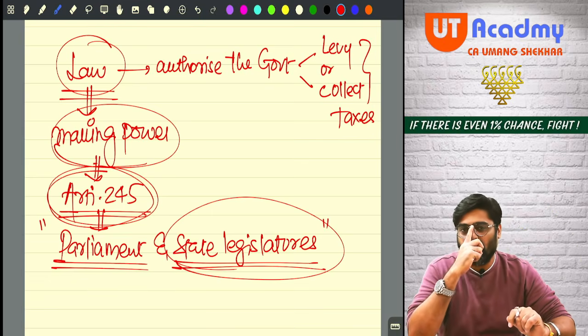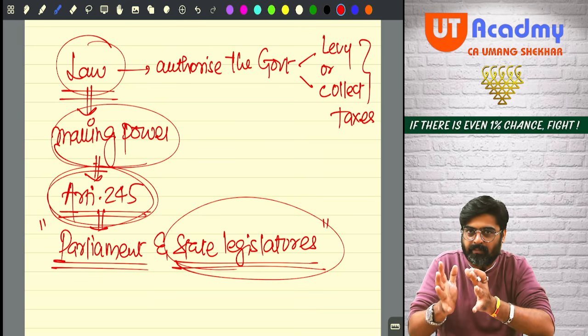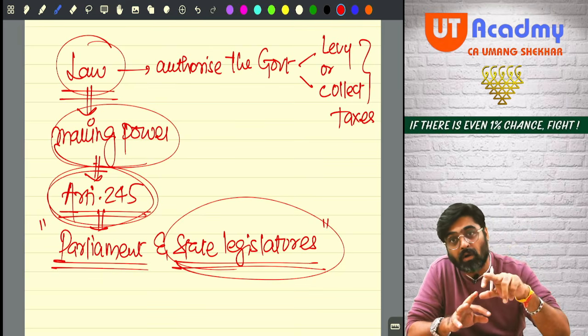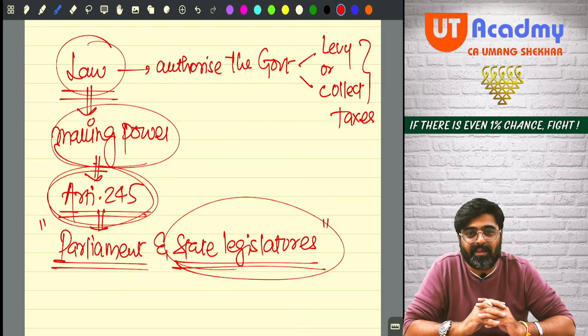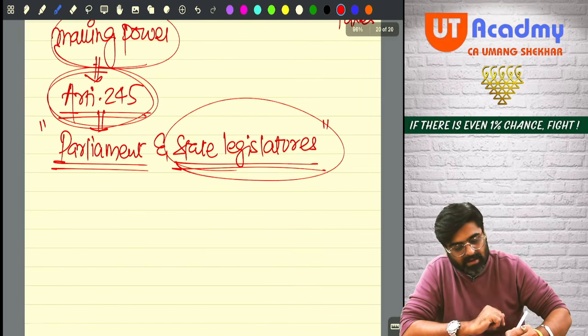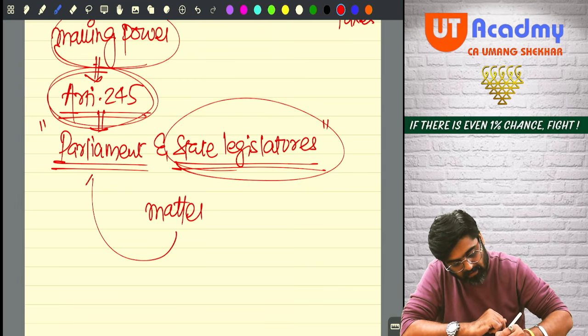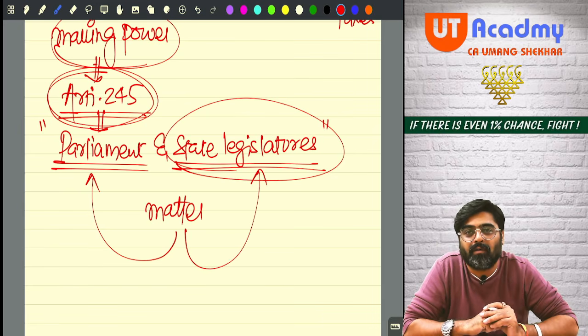Now tell me, if the parliament has the power to make law on any matter, and the state legislature also has power to make law on any matter, right? So tell me one thing. There is one matter on which parliament has made a law and state legislature has also made a law.